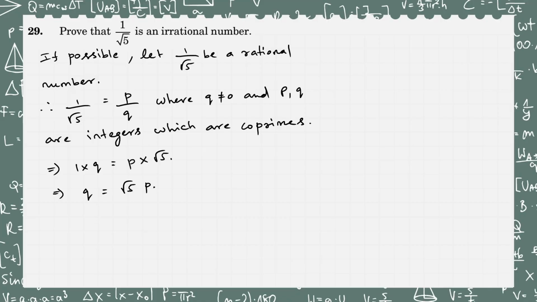Now on squaring both sides we get q square equals root 5 square, which is 5, into p square. 5 into p square is 5 times p square, which will be a multiple of 5, because when you multiply a number by 5, it will be a multiple of 5 only. That implies q square is a multiple of 5.